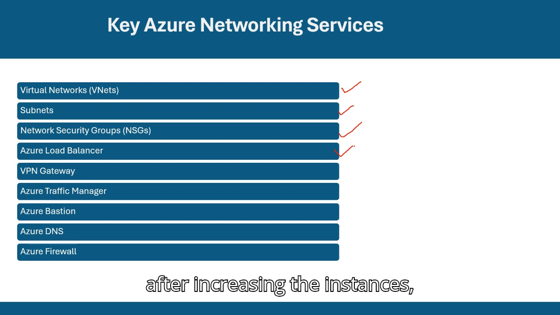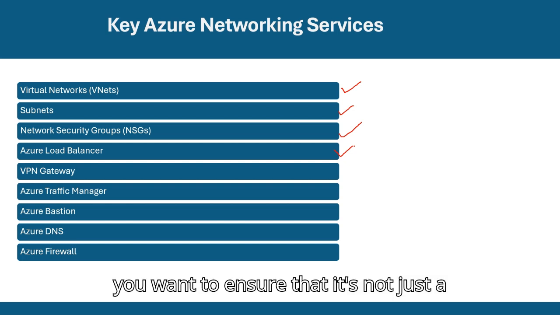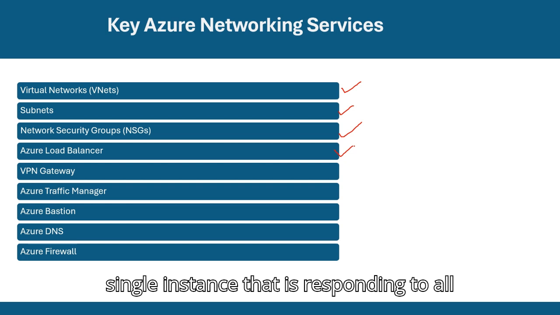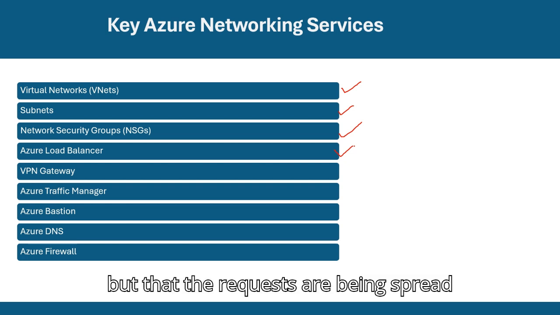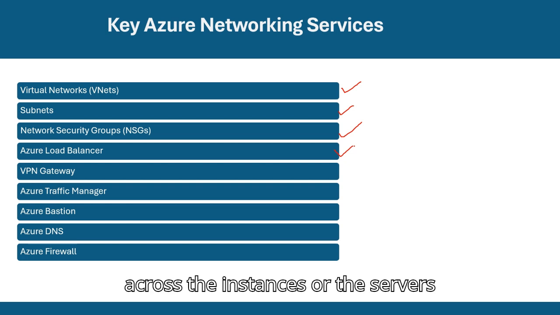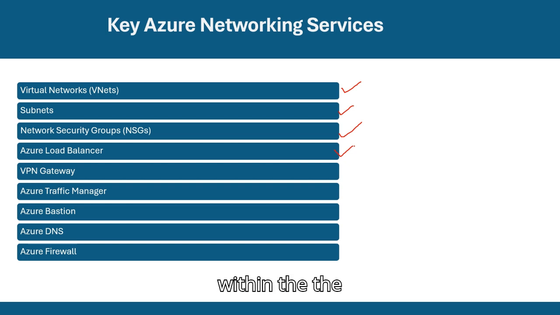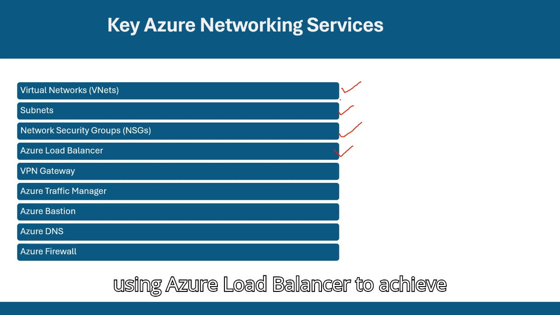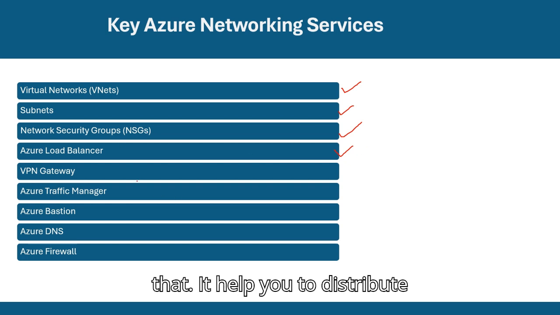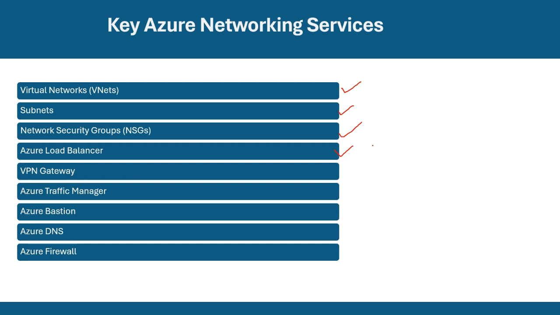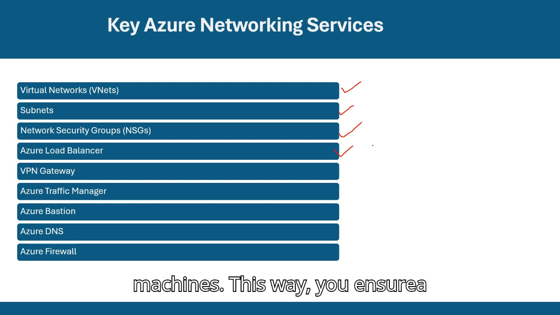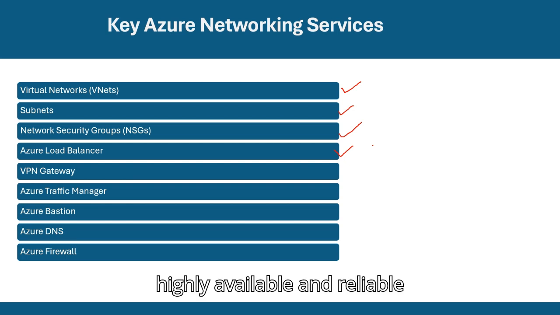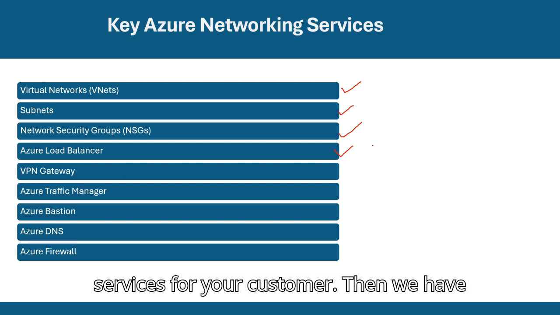Now, after increasing the instances, you want to ensure that it's not just a single instance that is responding to all requests from your customers, but that the requests are being spread across the instances or the servers within the group of virtual machines that you have created for this service. So you will be using Azure Load Balancer to achieve that. It helps you to distribute the traffic across multiple virtual machines. This way, you ensure a highly available and reliable service for your customers.